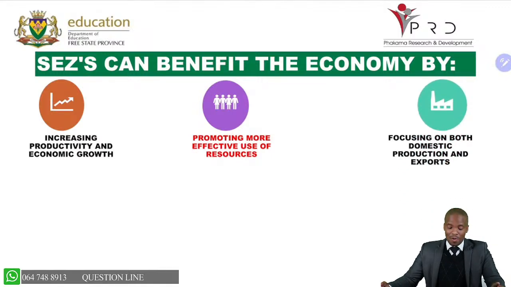Focus on both domestic production as well as goods that can be exported to other countries. I've mentioned product lines in that way. So these are the aims of special economic zones and the benefit that they may have in our economy, grade 12s.